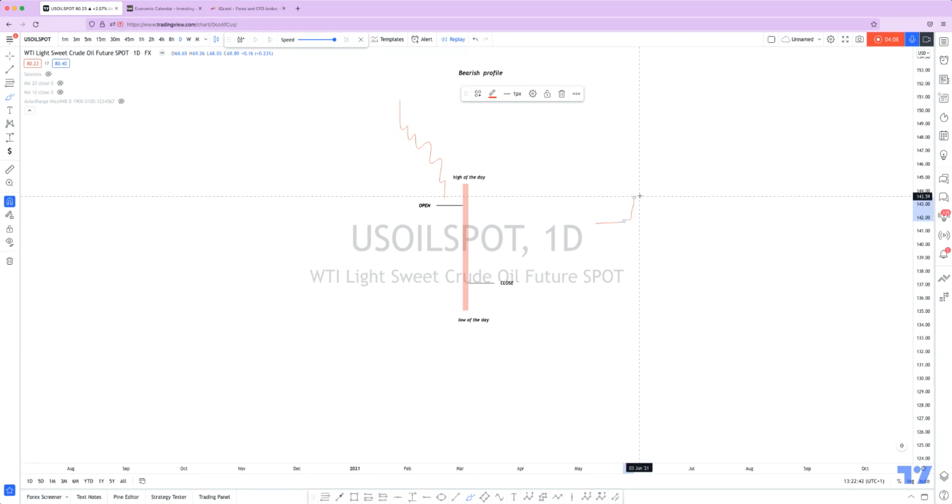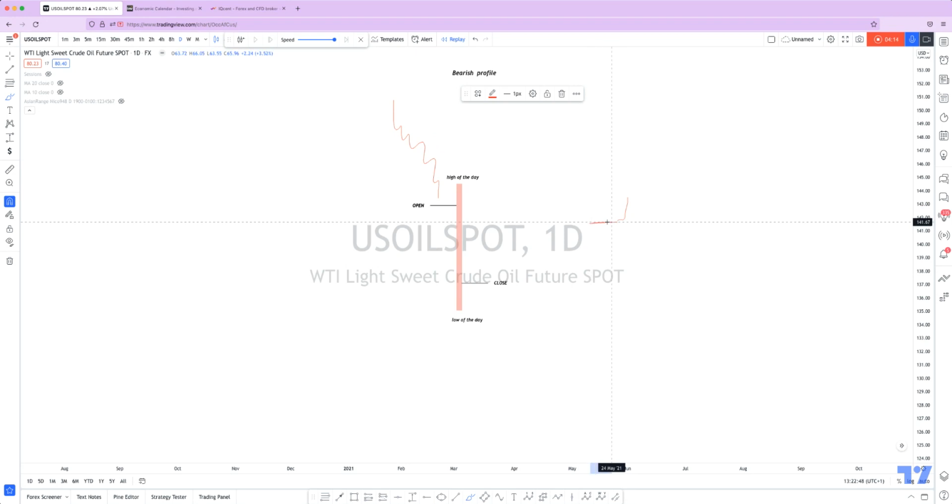The reason is that in the bearish day, market induces traders to start buying, because after the market opens at this price and starts going up, there are some traders that have this FOMO, fear of missing out. So the basic reason why the market does this move is to trap traders.